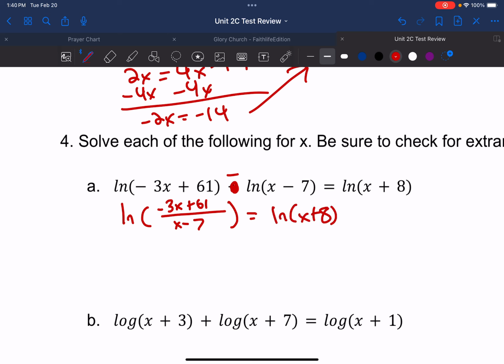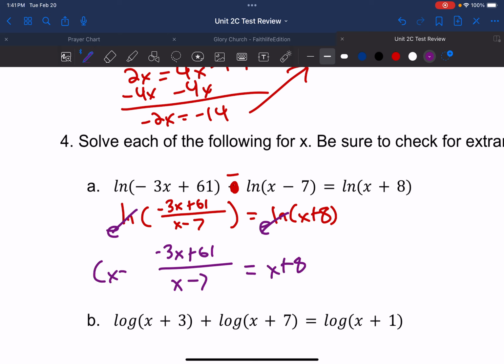And then here, I'm going to do base e on both sides, so my ln's go away. I'm left with negative 3x plus 61 over x minus 7 equals x plus 8. To get this out of the denominator, I'm going to multiply by x minus 7.